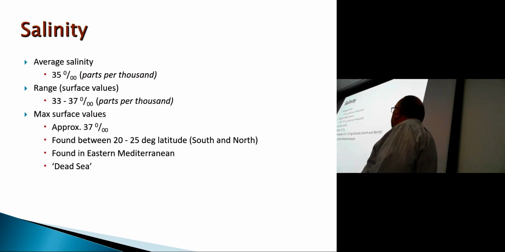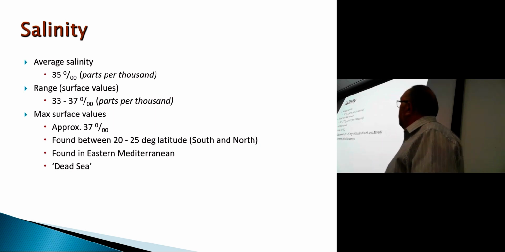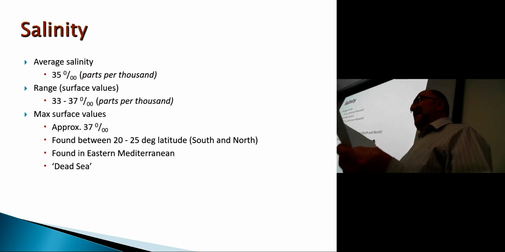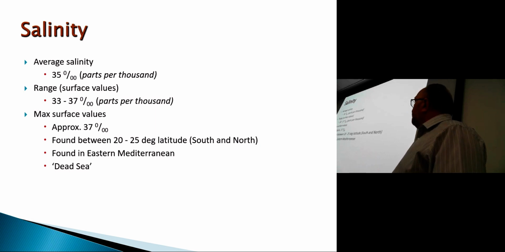The range is approximately 33 to 37 parts per thousand in open waters. The highest value that I've come across is probably slightly more than 37 parts per thousand, but high values will be found between 20 and 25 degrees of latitude, both north and south.